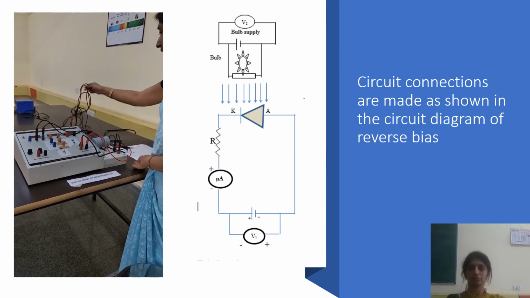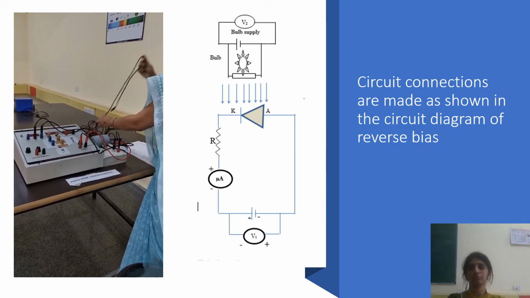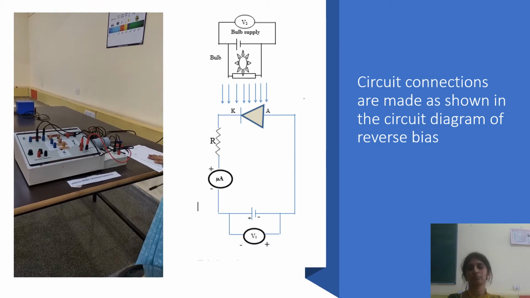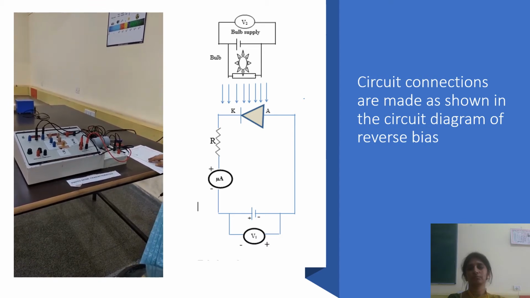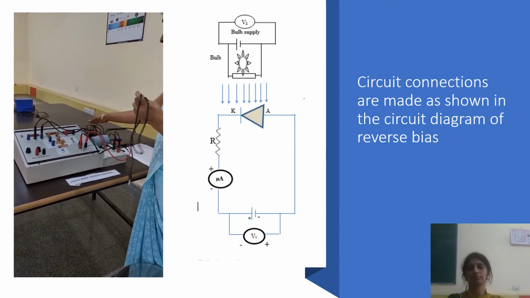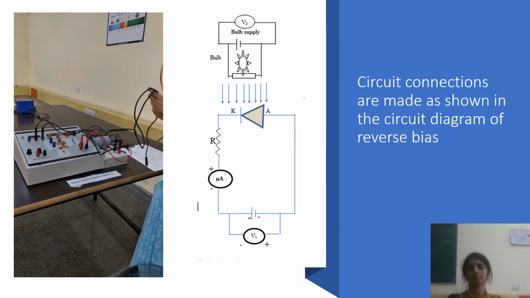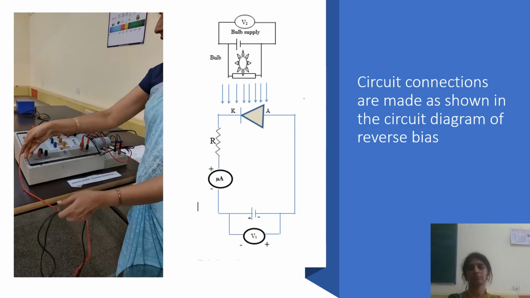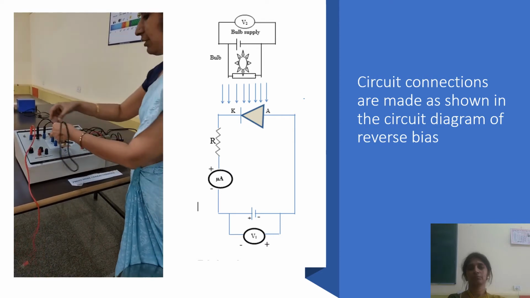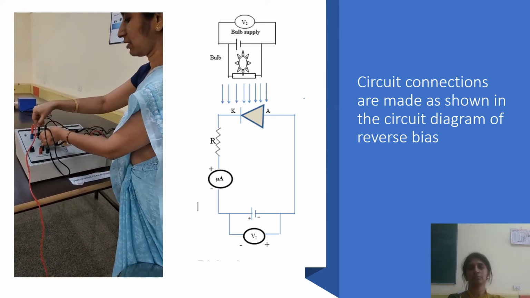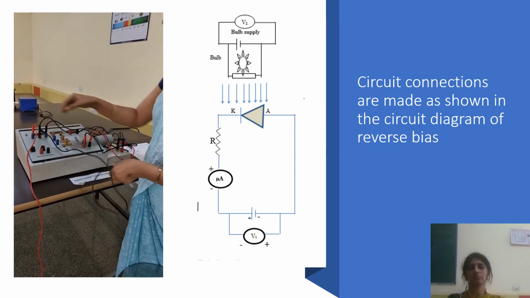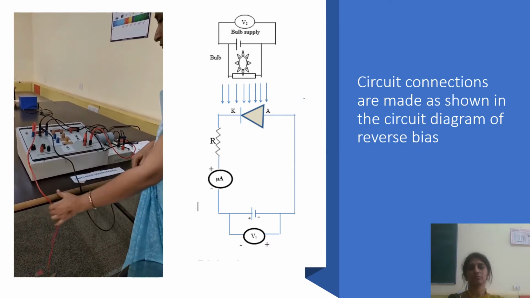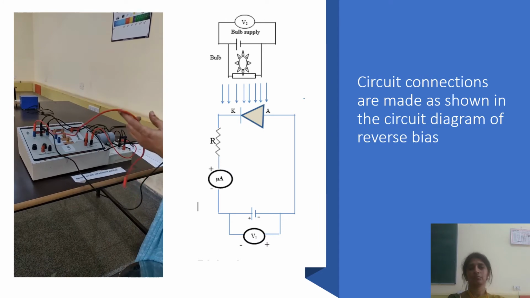Another circuit for the photodiode we have to do. We can start from V1. Let me take two wires from V1. So V1 is this, and another common wire. This is the common negative end for V1 as well as V2. This must go to the power supply.